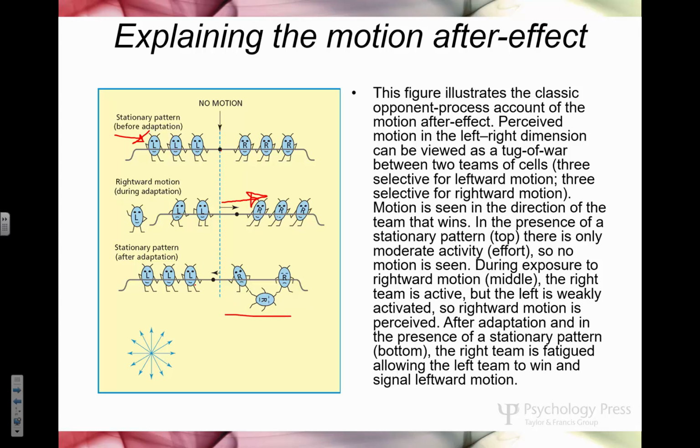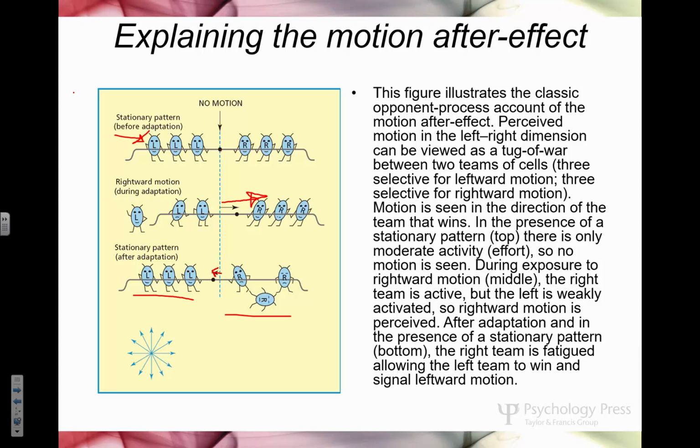I don't know if you guys have ever been in a tug of war, but that's what happens. And then these guys over here are like, awesome, we're not doing anything, but it looks like we're pulling in this direction a little bit. So you're going to have a little bit of that perception that things are moving in the opposite direction. So that's after the rightward motion. Yes, after you've stared at the rightward motion for some period of time.